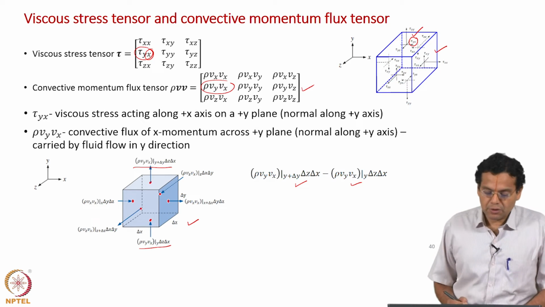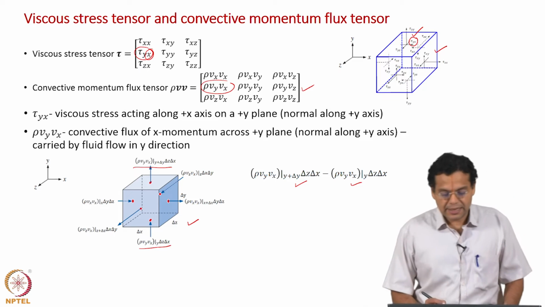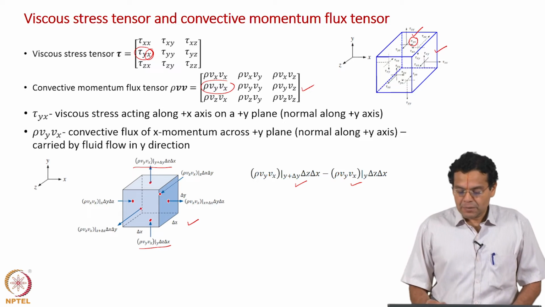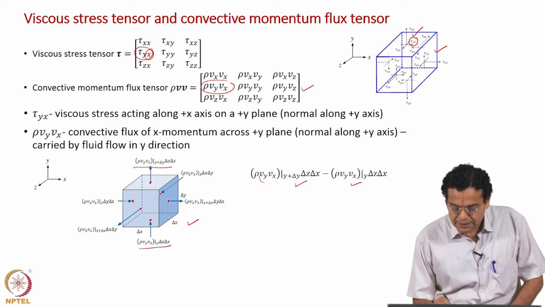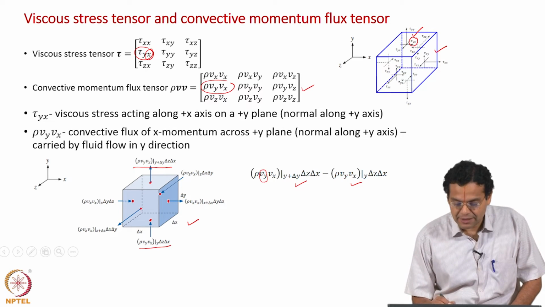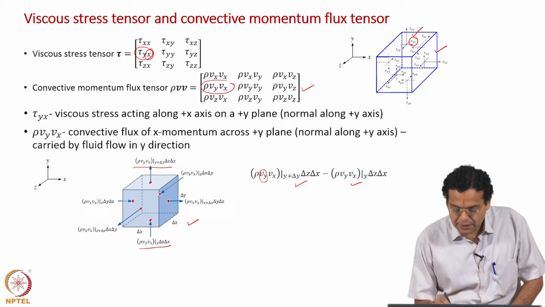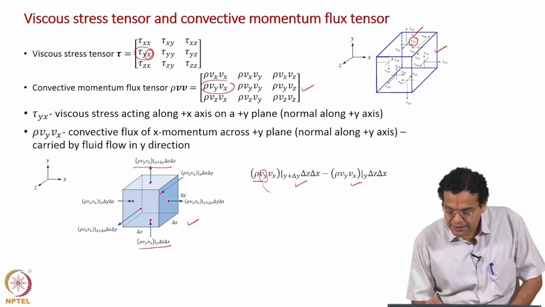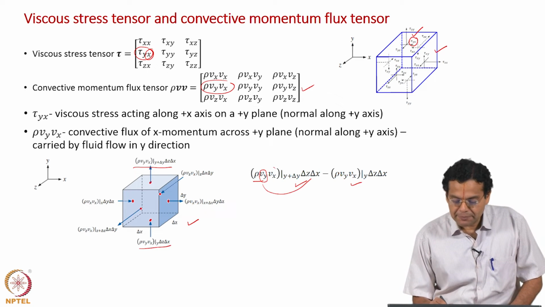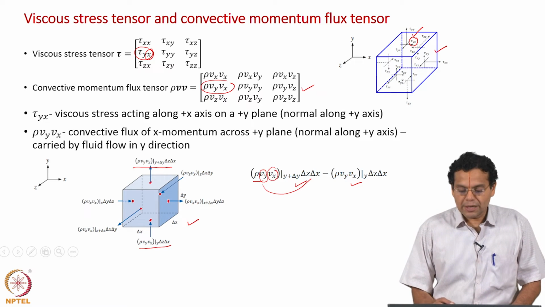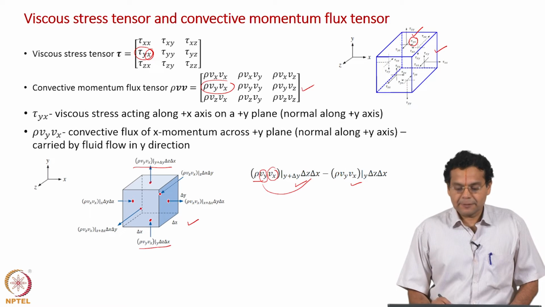What does rho vy vx delta z delta x represent? To recall, just like we did in the previous slide, we represent this as volumetric flux. With this you get mass flux, multiply this with the area, you get the mass flow rate, multiply by velocity vx, you get the momentum in the x direction.